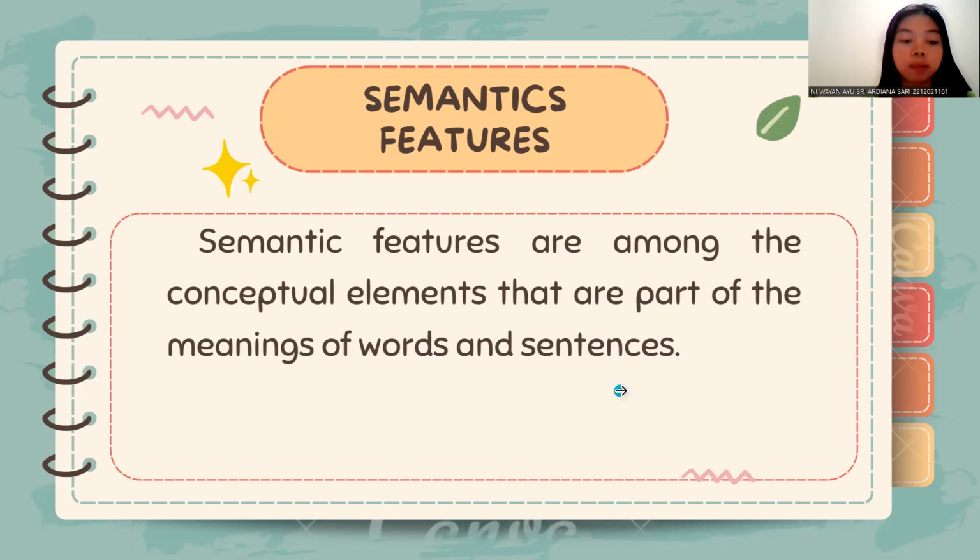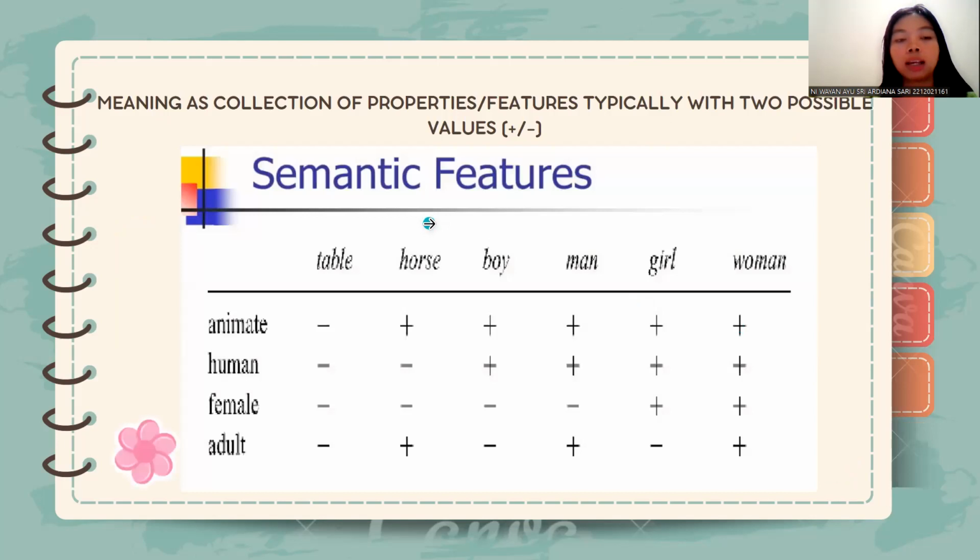Linguistics employs semantic features to analyze and classify words, study word meaning and relationships, and explore the structure of language. And next, semantic features are a meaning as a collection of properties and features, typically with two basic values, plus and minus.